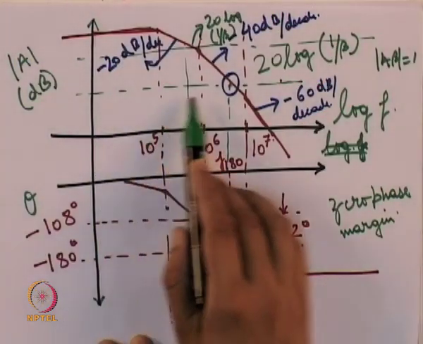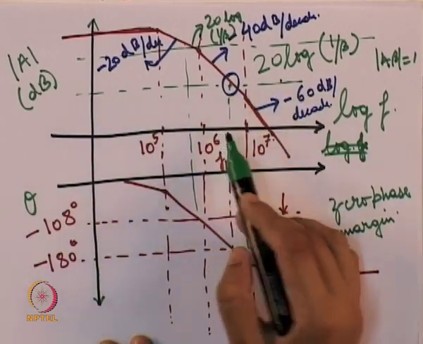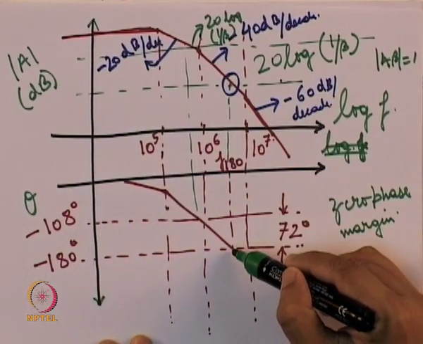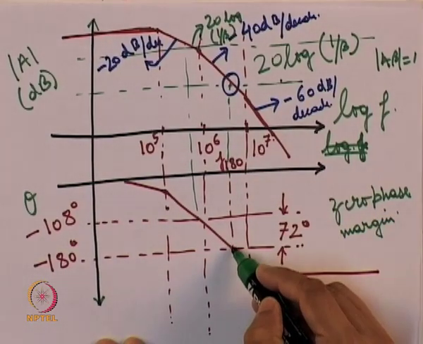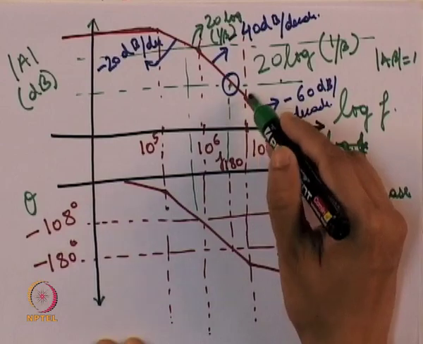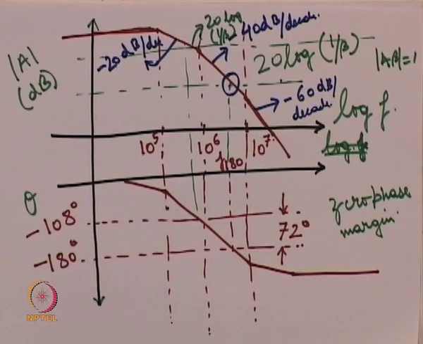And as we see in this case, when this green line passes through this minus 40 dB per decade region, the phase is indeed exceeding minus 180 degree. Had this line been a little lower, then the phase would have exceeded 180 degree.